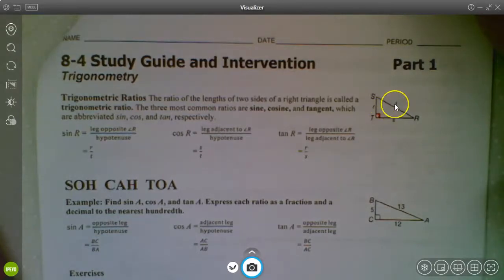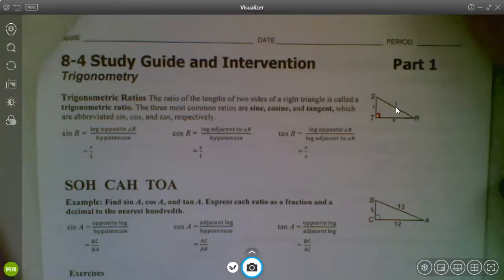So R over T. And so that's where you're getting this little ratio right here. The cosine ratio compares the adjacent leg to the hypotenuse. So from angle R, if I wanted to find the cosine ratio, I would compare the adjacent leg, which would be S, to the hypotenuse, which is T.